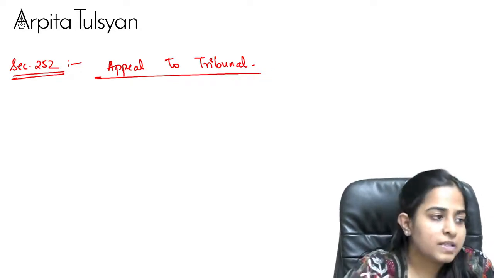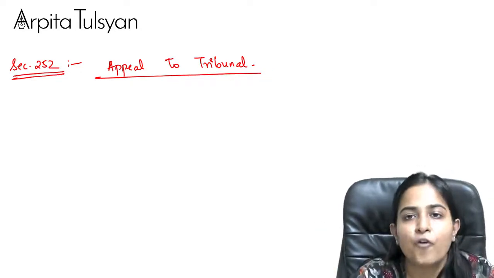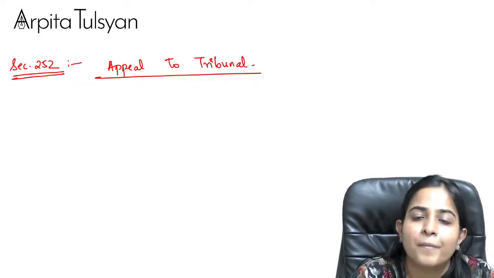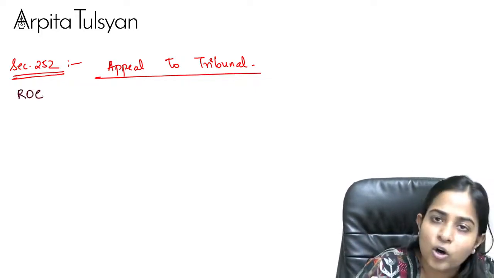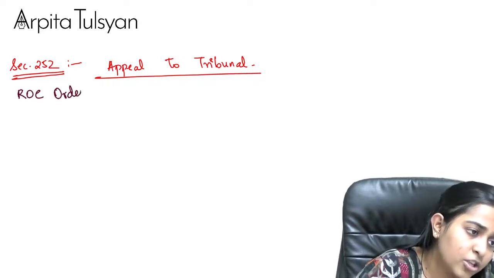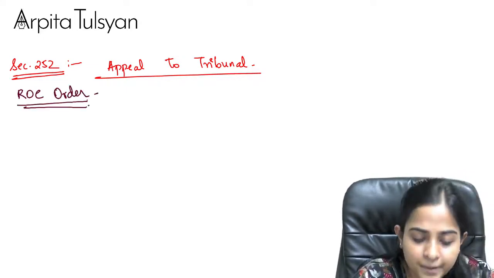Now listen. Can I say striking of order? Striking of order was passed by whom? Who had the powers? ROC had got the powers. So ROC would have passed an order.